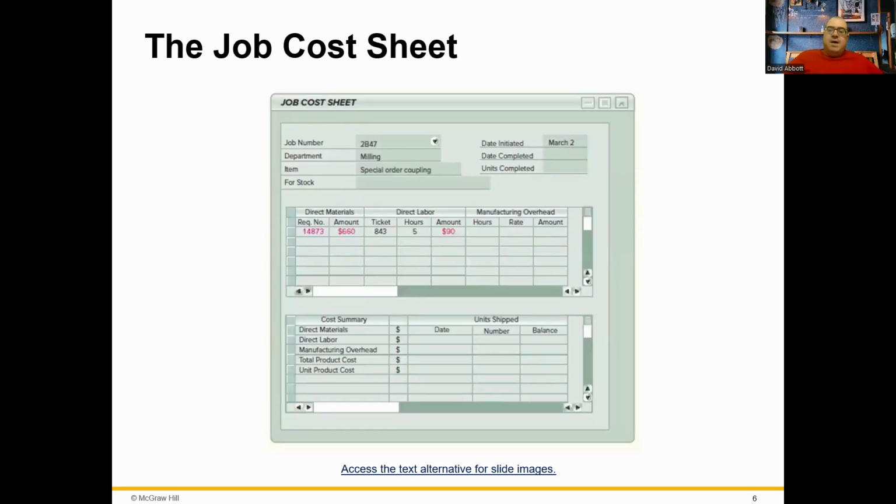And you might have something like this, either a piece of paper or something in some kind of computer system. Of course, nowadays everything is done on a computer, but it could even be a slip of paper if you're in some places like a machine shop.